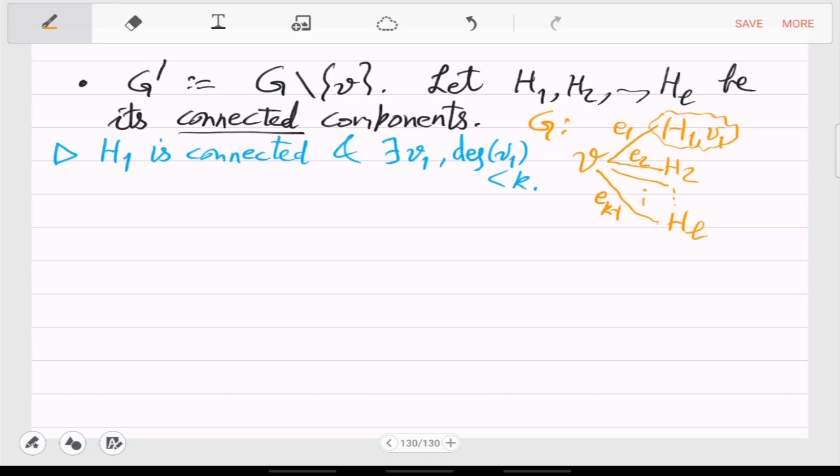There is a v1 here, or maybe it's better pictorially.